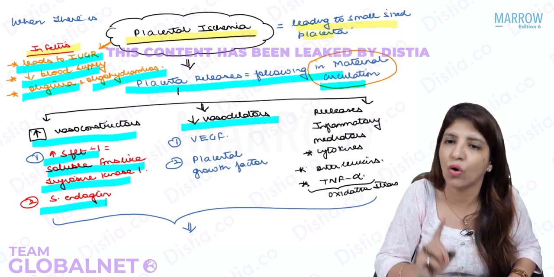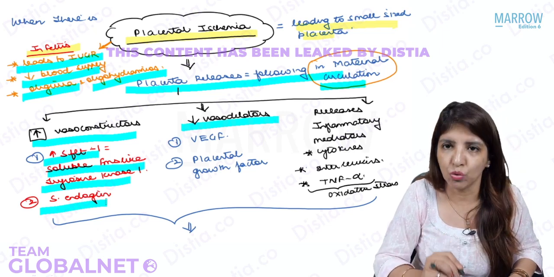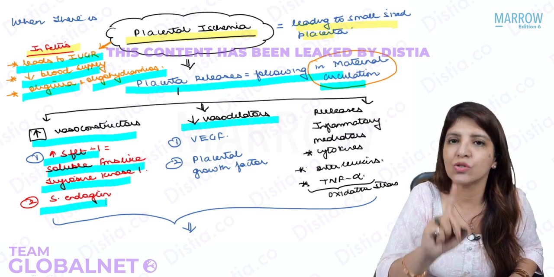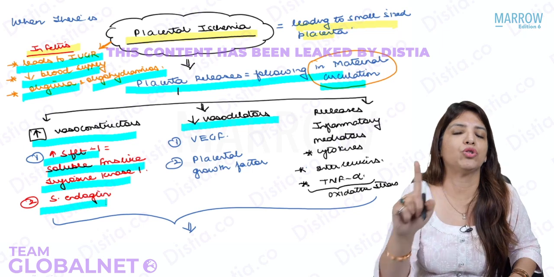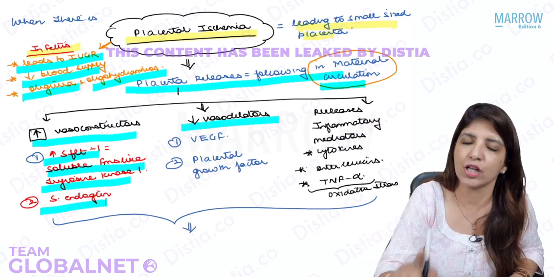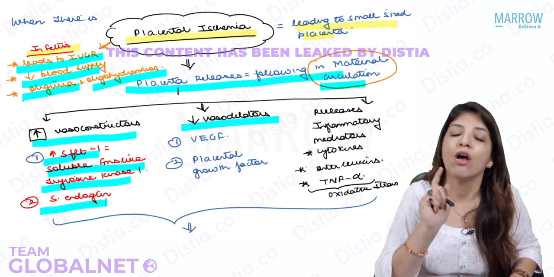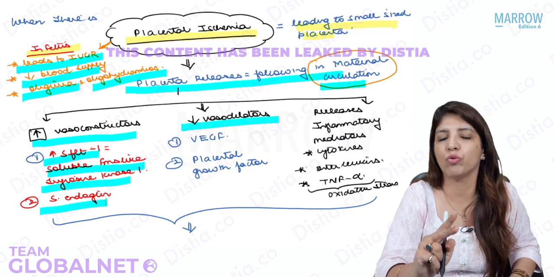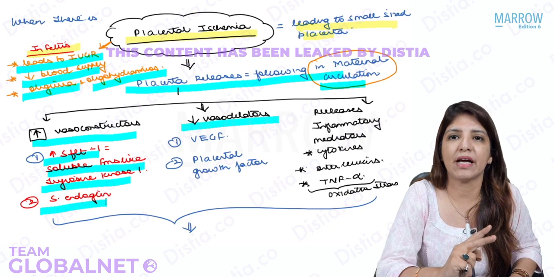Now, if you are maintaining a 20th notebook, one chart which you should make in it is all those mediators which increase in PIH and all those mediators which decrease in PIH. Many times these questions have been asked and you tend to get confused. Also, the second thing which you should include in the 20th notebook is risk factors for PIH.